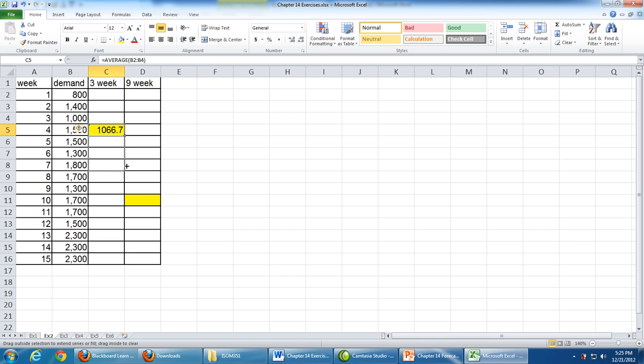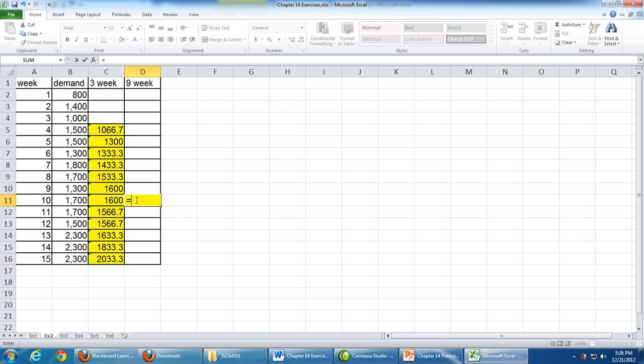Okay, when we drag it down, the next forecast will grab the last 3, which are periods 2, 3, 4, and become the forecast for 5. That's why we call it moving average, because it's always moving. In order to forecast for the 9-week moving average, we are going to go back 9 weeks to forecast for 10. So we're going to use the average function.